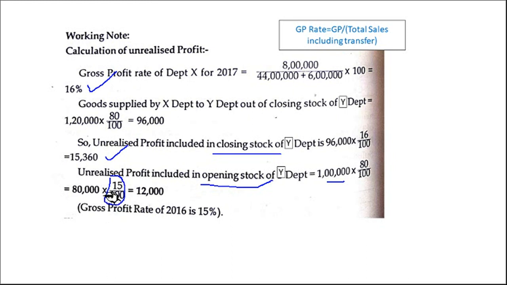For opening stock we have to use the previous year's percentage, 2016. What is the percentage? It is given in the problem, in the adjustment: Department X earned a gross profit at the rate of 15% in the year 2016. So we take 15%, and it is 12,000. So we have to take the unrealized profit included in the closing stock as well as the unrealized profit included in the opening stock.